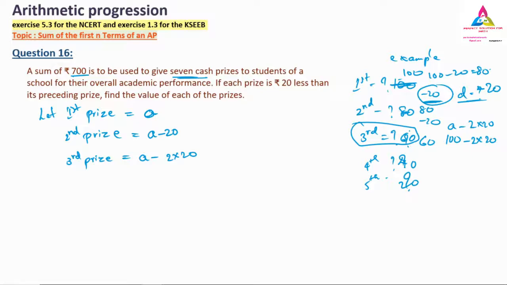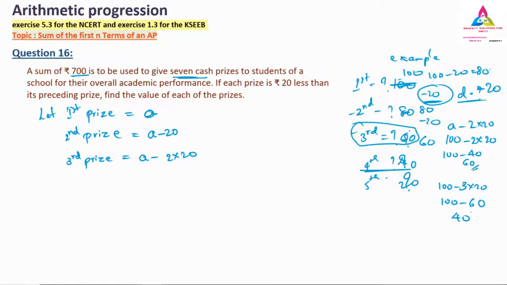Why 2 times 20? Because for the third prize, 1, 2. So 100 minus 40 is nothing but 60. The third prize we got. If it is the fourth prize, 100 minus 3 times 20, that is 100 minus 60, so the fourth prize will be 40.